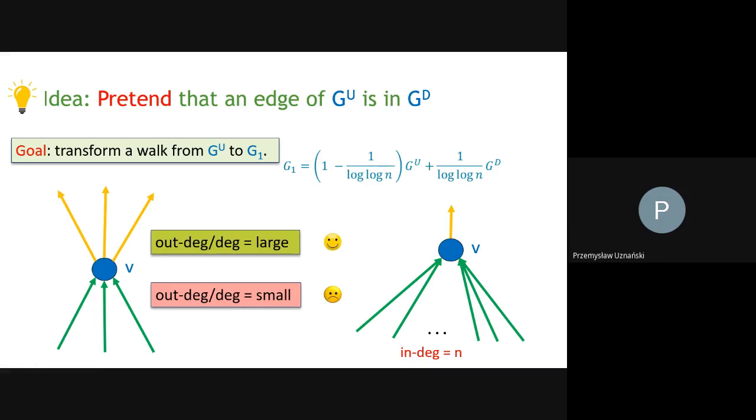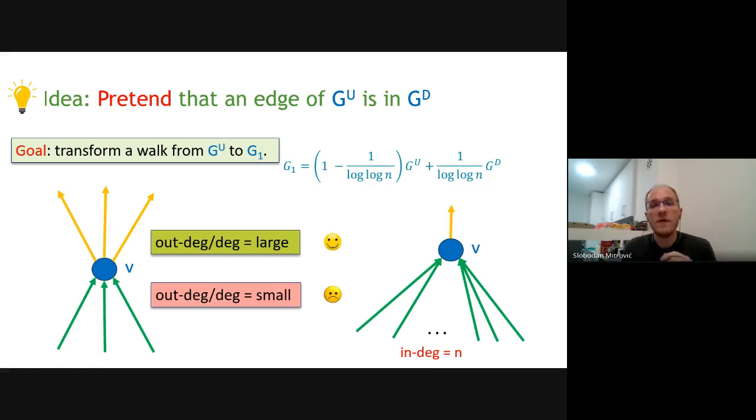And here is the final idea. Why is it okay to have a success probability even smaller than a constant, like 1 over log n? Success probability would be okay. So as you said, with probability 1 over log n, we will actually want to hit a yellow edge. With remaining probability, we are happy with either green or yellow edge.